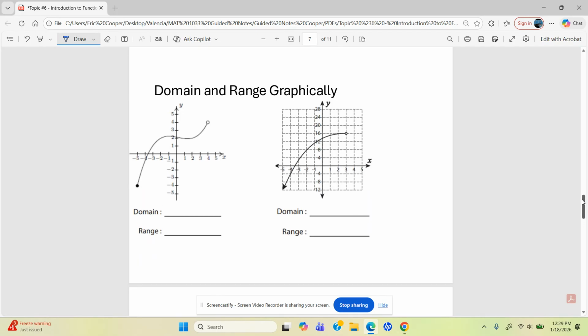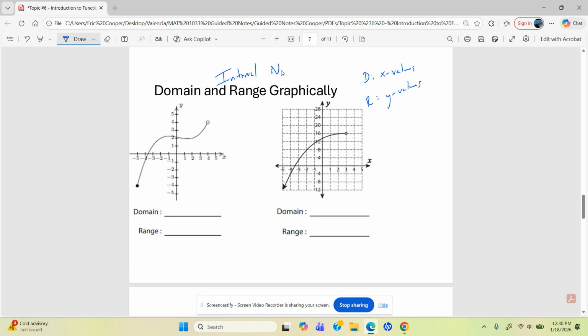Domain and range graphically. So again, let's remind you, the domain are the x values, and the range are the y values. When we take a look at graphs, we want to be able to express their domain and range, saying we want to be able to tell all the x and y values that exist within it. Again, to solve these, we're going to put our answer in interval notation.